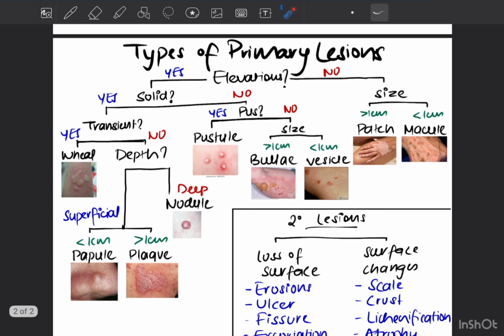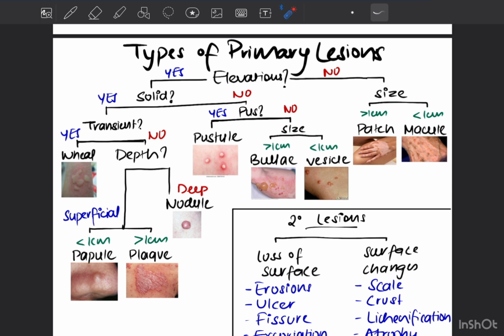Okay, so now we have classified the most common types of primary lesions: macule, which can be commonly seen as freckles, patch in vitiligo, vesicle as in chickenpox or most commonly in infections, bulla most commonly in burns, pustule as in pus in infections or acne, wheal as in an allergy, or nodule, which is a deep, solid, chronic lesion, and if it's more than 2 centimeters deep, it's most likely a tumor, and a plaque seen in psoriasis, a more than 1 centimeter superficial solid lesion, which is chronic.